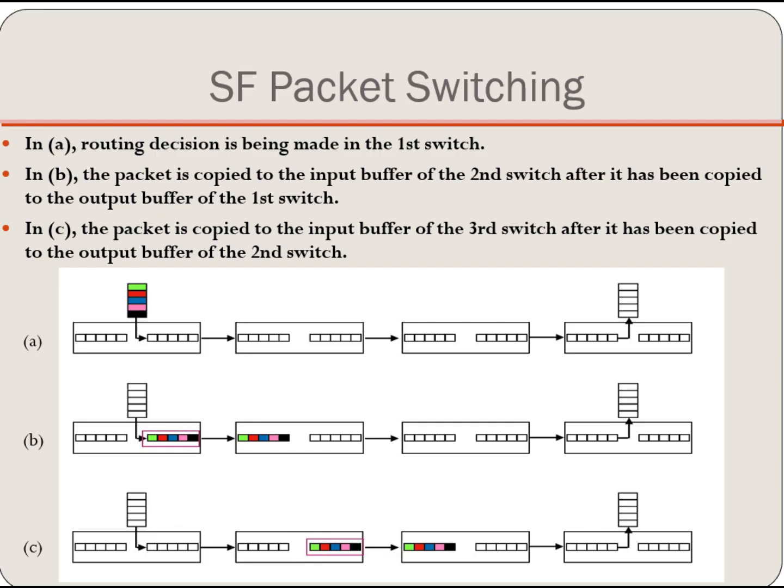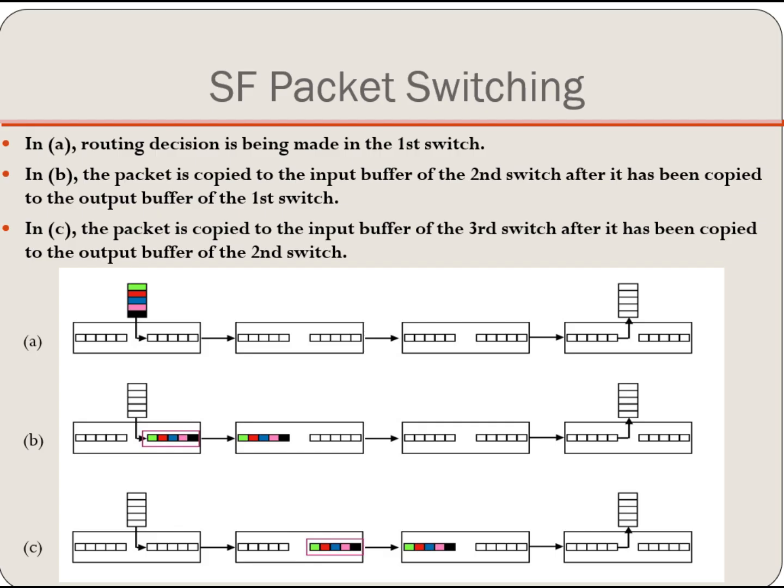For example, select this output link, then the packet will be copied to this output buffer, and the buffer can contain at least one whole packet. This output buffer corresponds to one particular output link and one particular intermediate switch, so its content will eventually be delivered to the input buffer of the next switch.